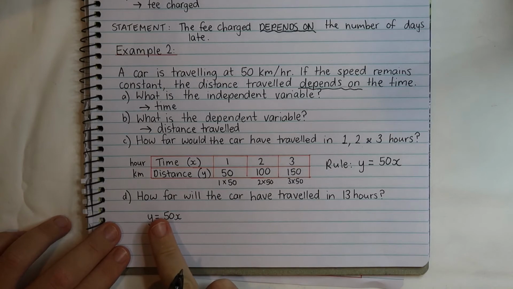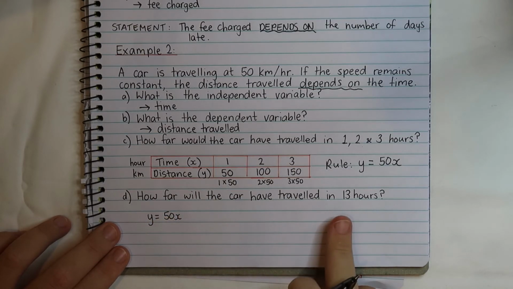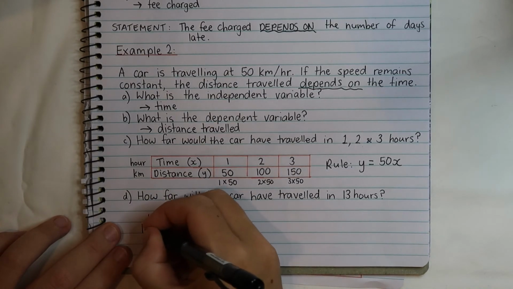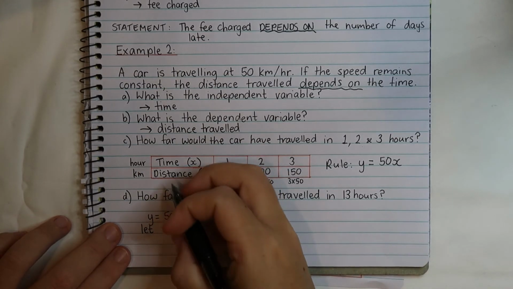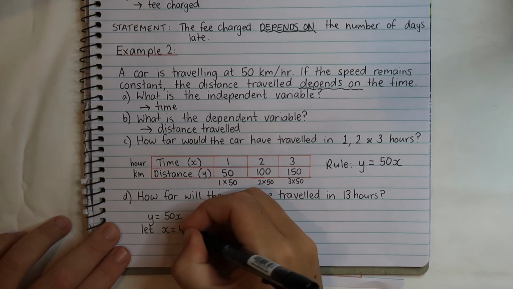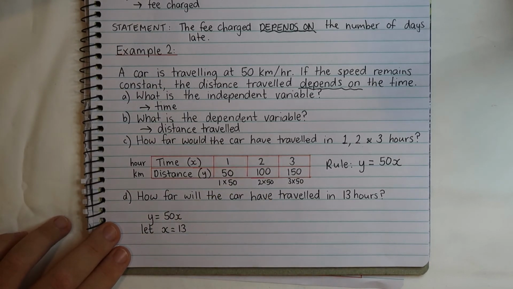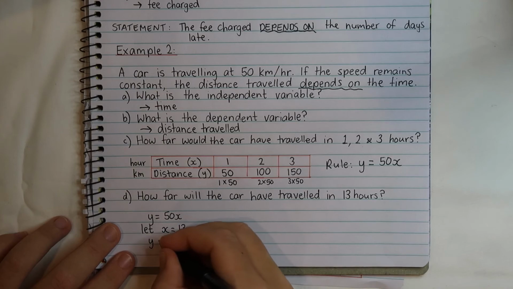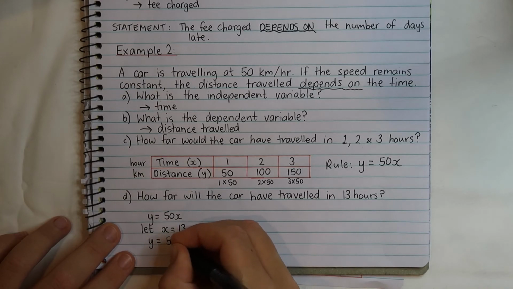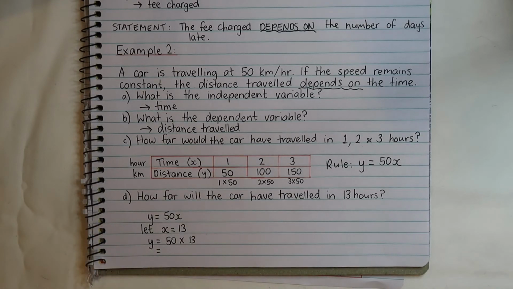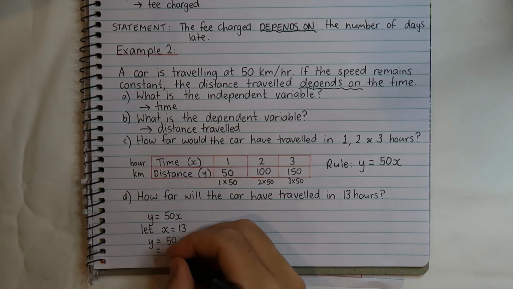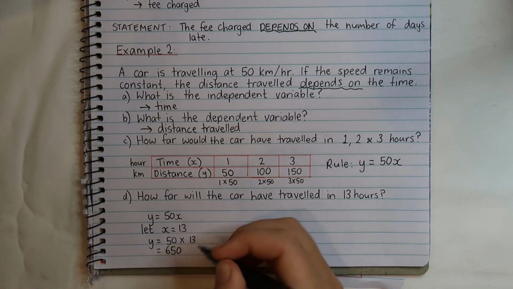And what are we given from the question? How far will the car have traveled in 13 hours? So we know that this is a time and time is x. So we're going to let x equal 13. So substituting that in, we have y is equal to 50 times 13. Put that into your calculator and you should get 650 kilometers.